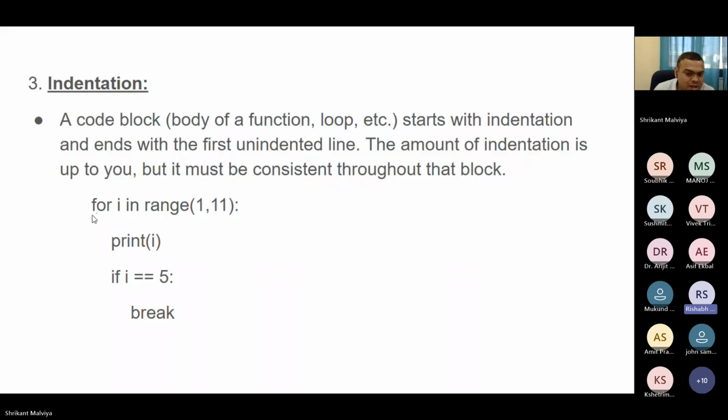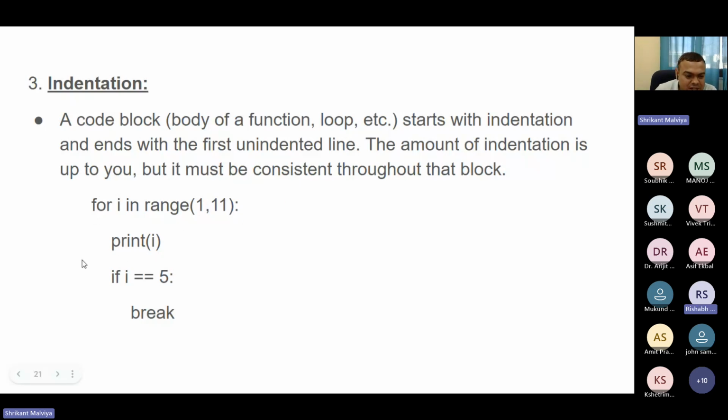The rule is that the amount of indentation is up to us. If we want, we can define the indentation as 4 spaces, or a tab, or any longer sequence of spaces, but it should be consistent.